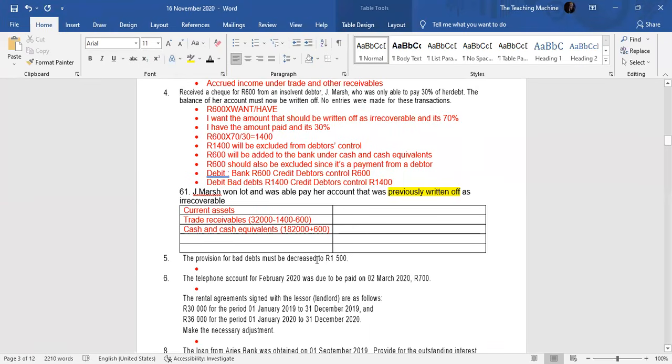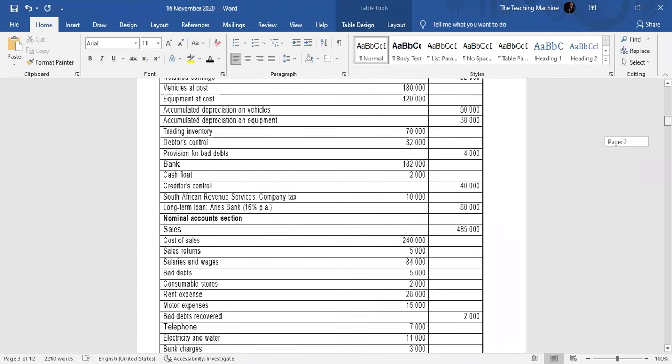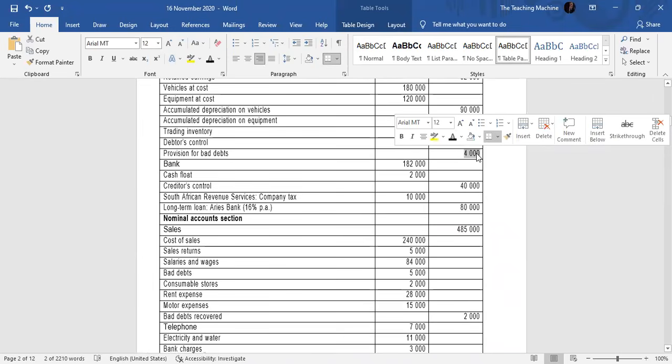This is the actual amount that needs to be disclosed. The provision for bad debt must be decreased to 1.5. How much is the provision for bad debt given? It's 4,000. So the business estimated 4,000 that is unlikely to be collected from debtors.